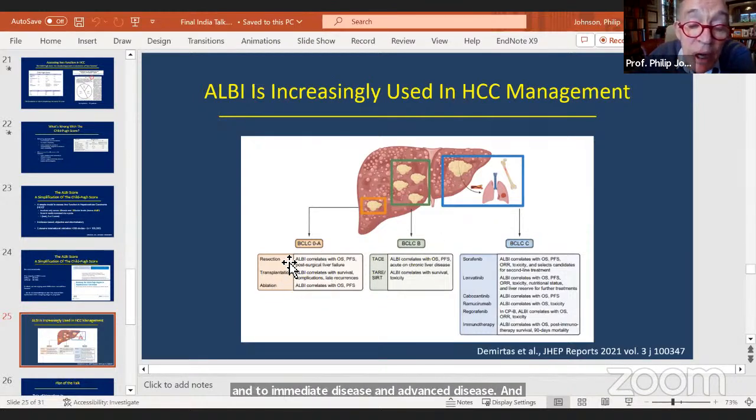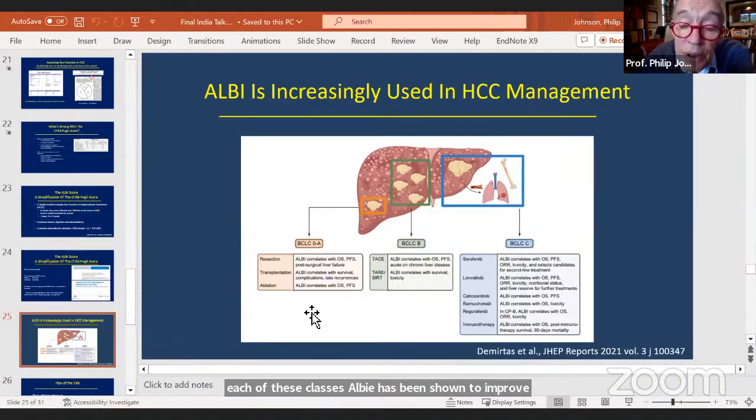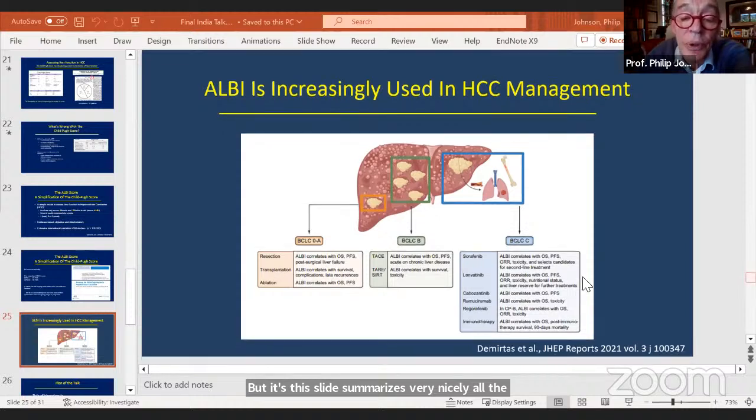And in each of these classes, ALBI has been shown to improve and be useful in the management. And you can look at these. But this slide summarizes very nicely all the relevant applications of the ALBI score.